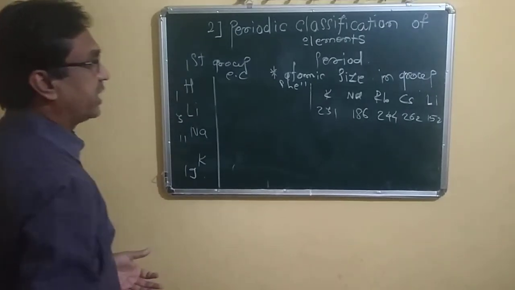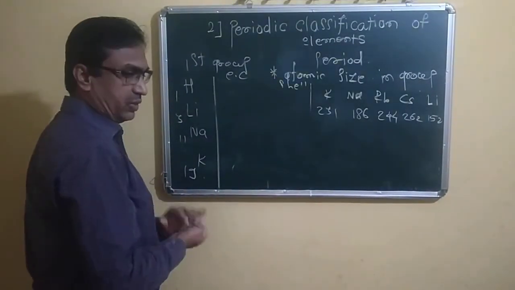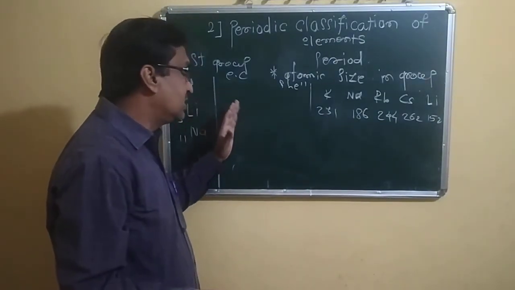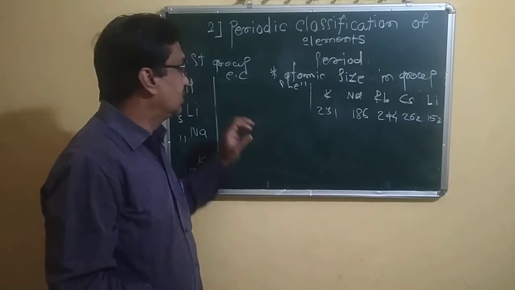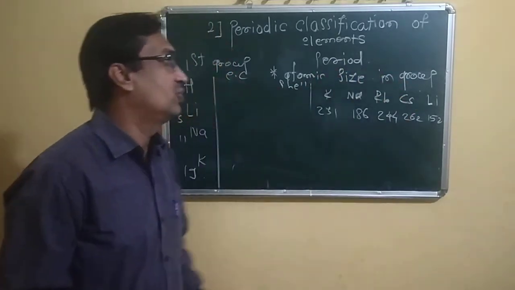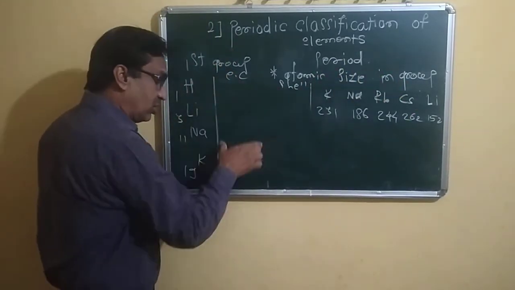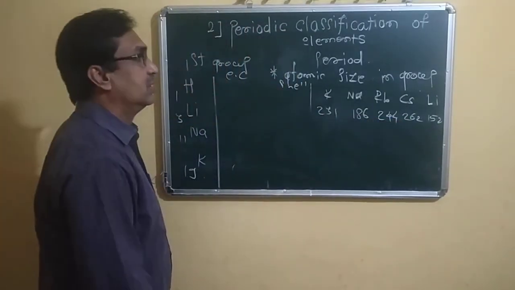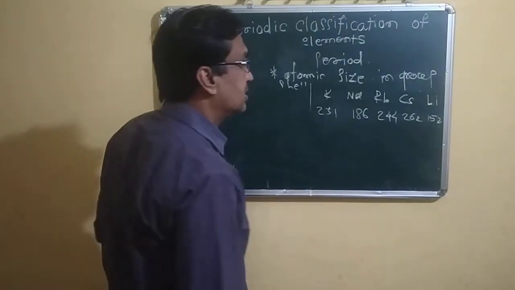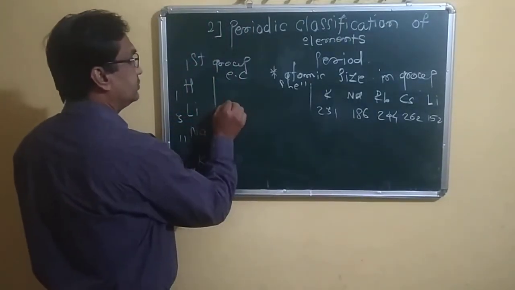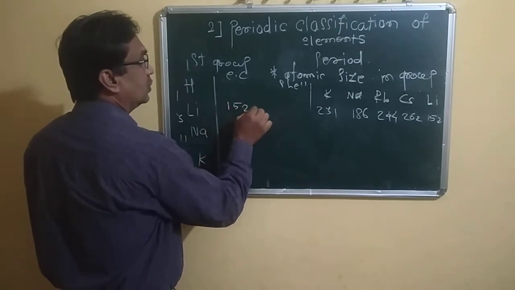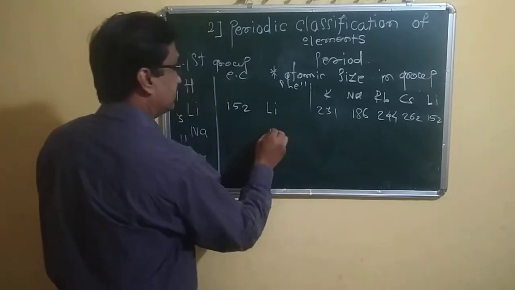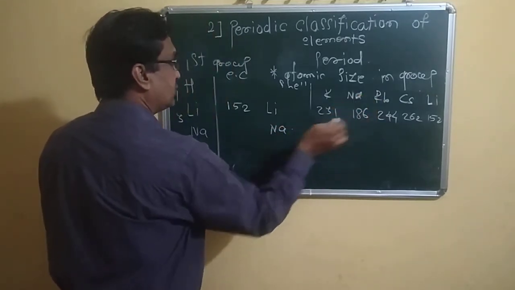Look at this. We have to align all these elements in increasing order of their atomic radius. The lowest atomic radius we have is 152, that is lithium. After that sodium, 186.